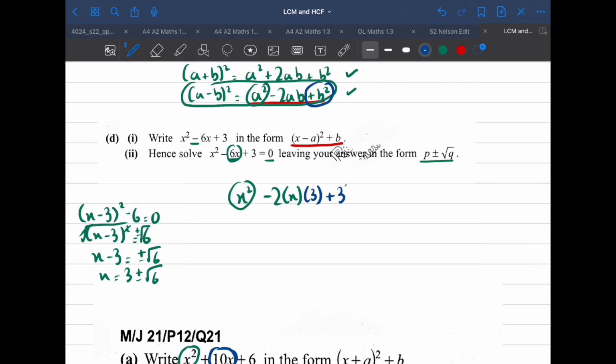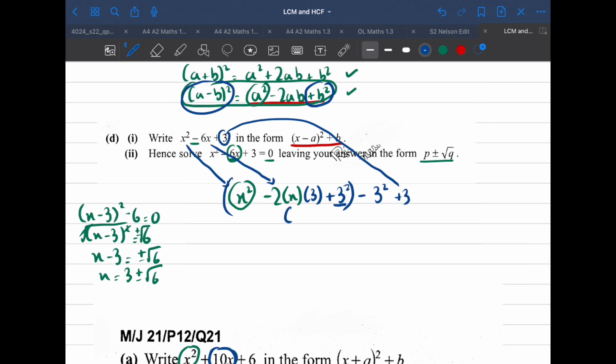Now see in the question बच्चे, क्वेश्चन में देखो बच्चे, x square यहाँ पे है, minus 6x यहाँ पे है, but इधर 3 है, 9 नहीं है. So plus 3 square को आपको हटाना भी पड़ेगा, तो minus 3 square and then plus 3. Got this? Now this thing will become बच्चे क्या? x minus 3 whole square, a minus b whole square, right?